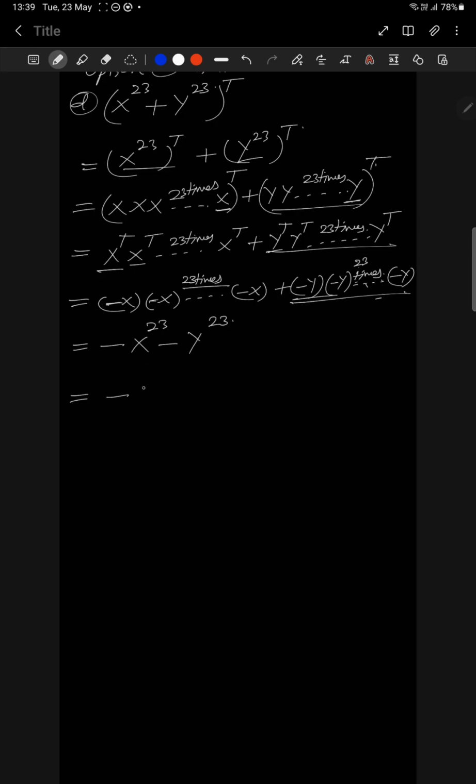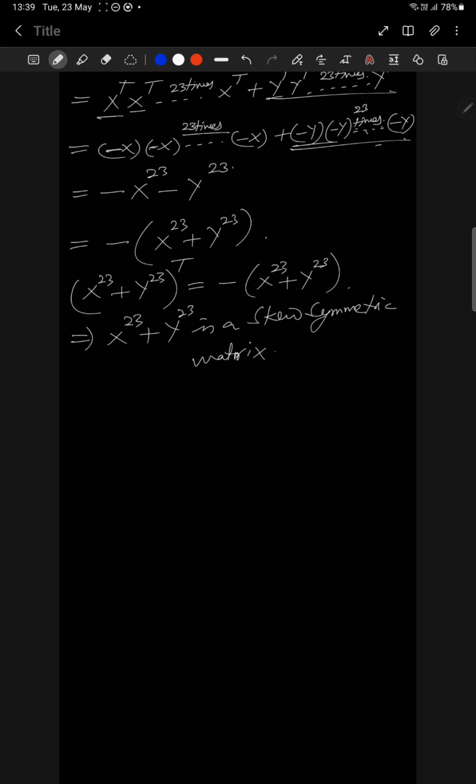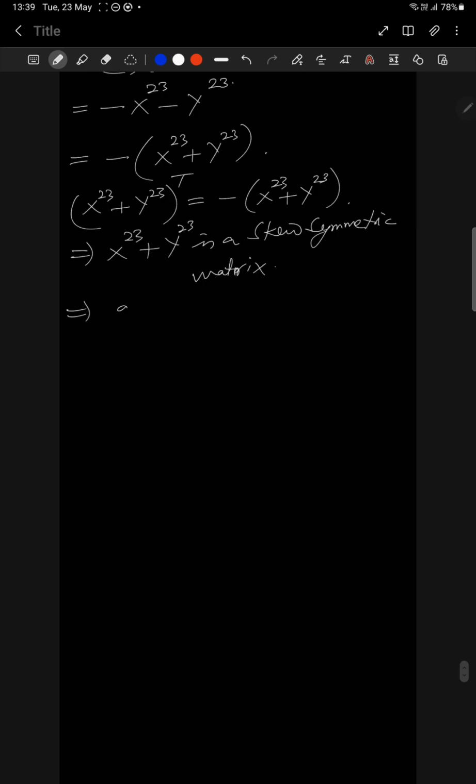So finally we can write minus of x to the power 23 plus y to the power 23. So the transpose of x to the power 23 plus y to the power 23 is minus x to the power 23 plus y to the power 23. We can conclude that it is a skew symmetric matrix. I hope you have all understood this. So option D is also true.